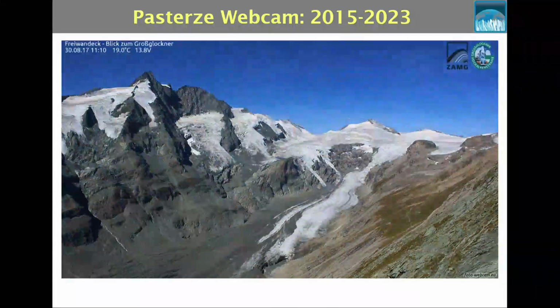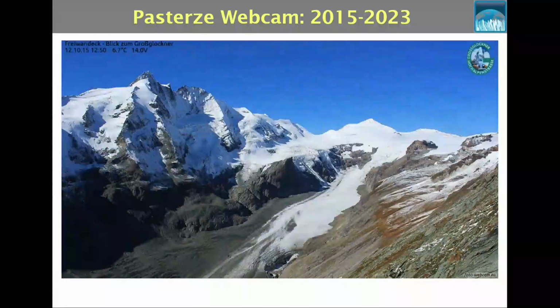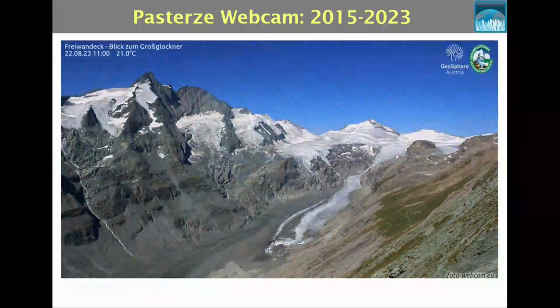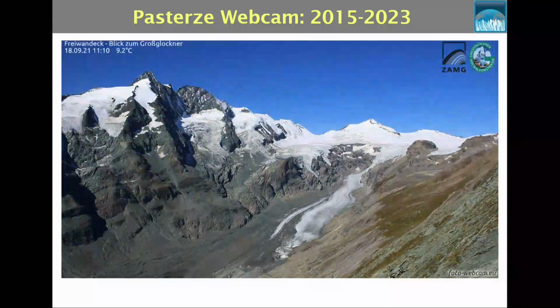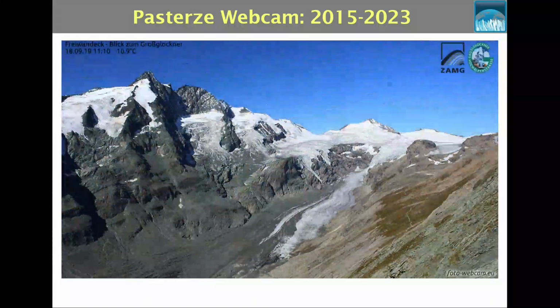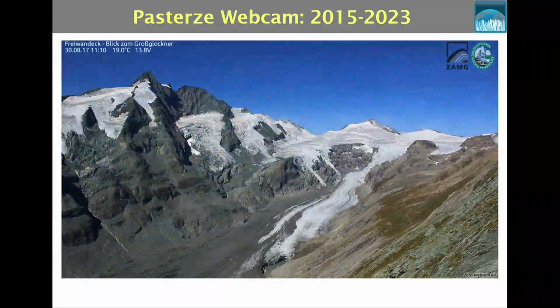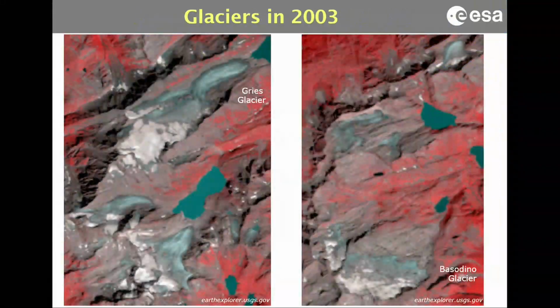So you can be pretty sure that in your lifetime you will experience that there is no Pasterze Glacier in the valley at all. There might be a lake, it might be a lake full of sediments and not so much lake, depending a little bit, but this lower part of the glacier will disappear. So you can witness this by a webcam and see how things work.